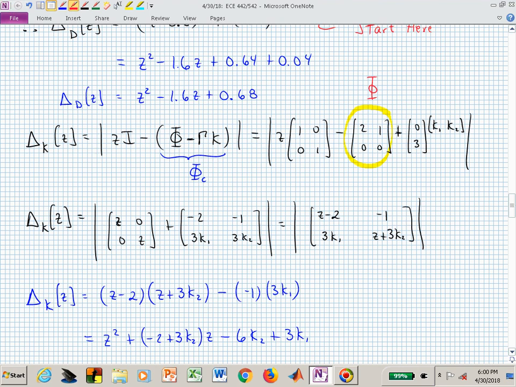And that then gives us, finally, a z squared plus a coefficient multiplying z plus a constant coefficient. And those coefficients in general could contain k1s and k sub 2s.